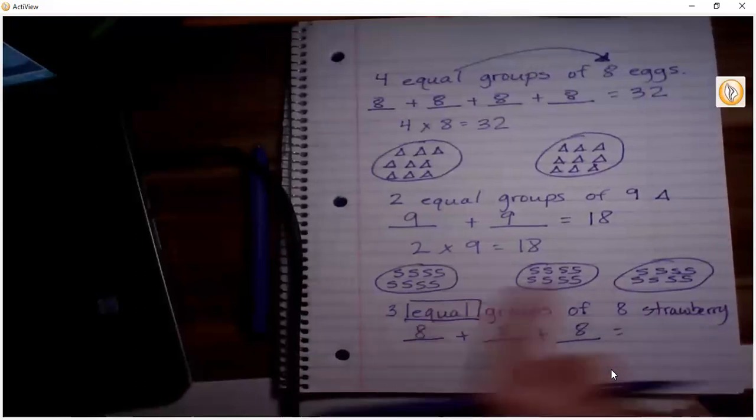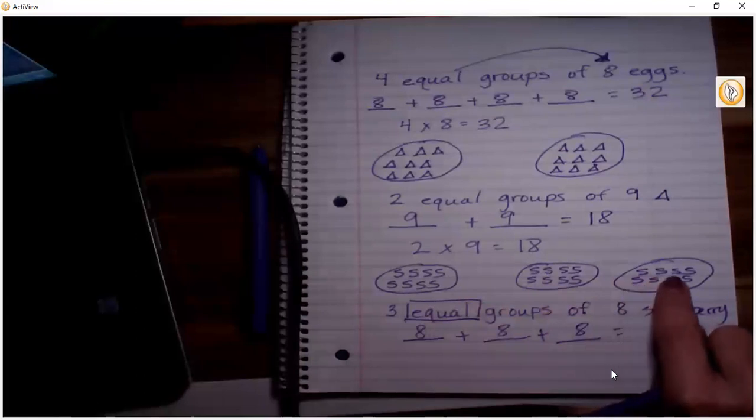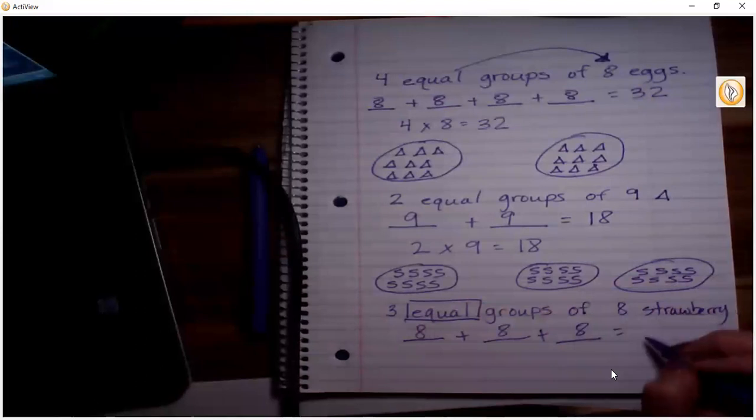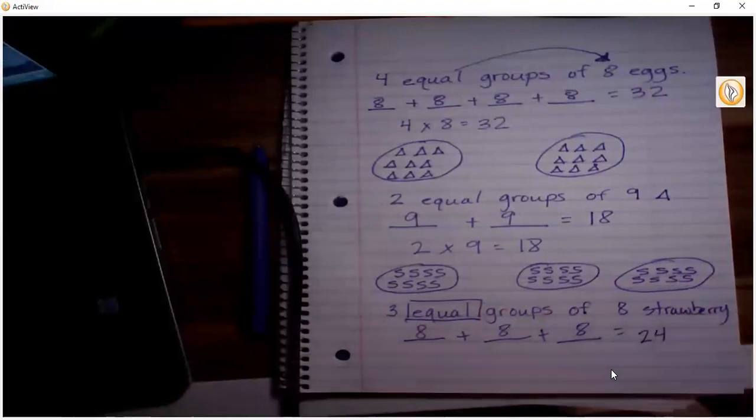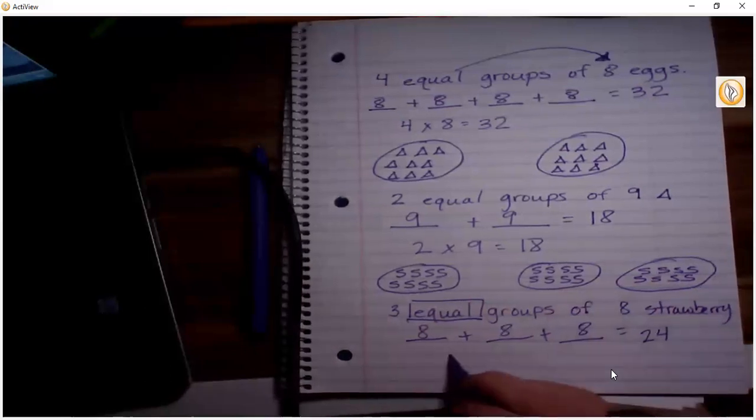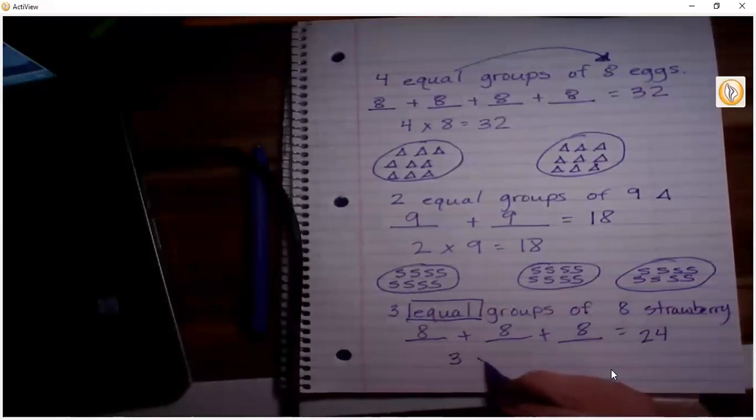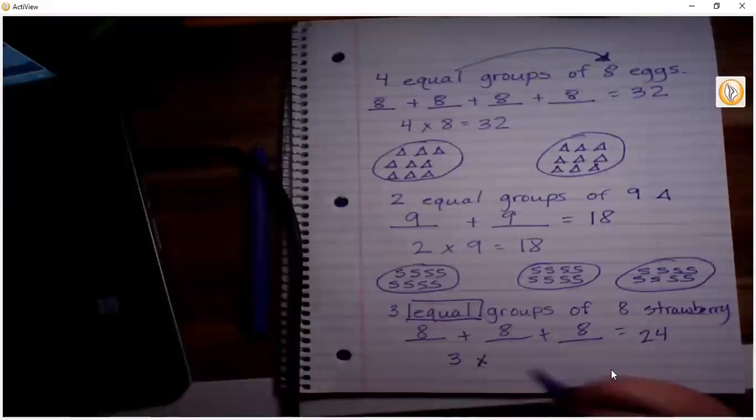So now I'm going to count on 17, 18, 19, 20, 21, 22, 23, 24. I have 24 strawberries. So this is like having 3 groups of, that multiplication sign says of to me, 8, which gives me 24.